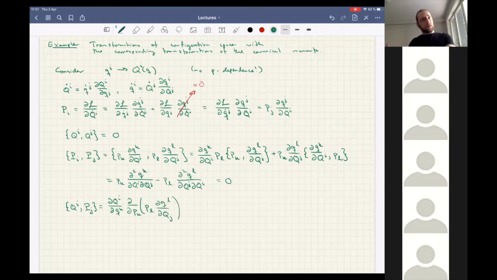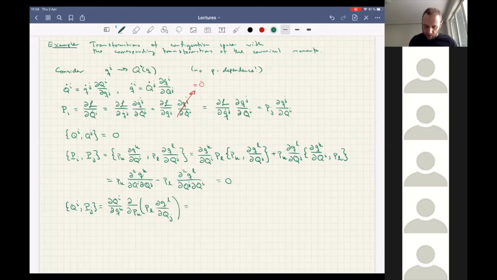Because the second term here will have a derivative of the capital Q's with respect to p, and they don't depend on the p's. And since this here does not depend on p, the only derivative that's left is the derivative of p l here.